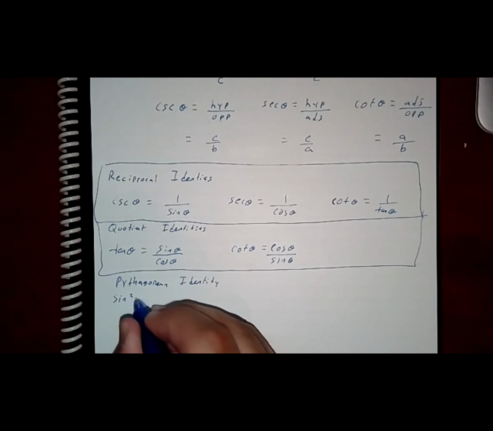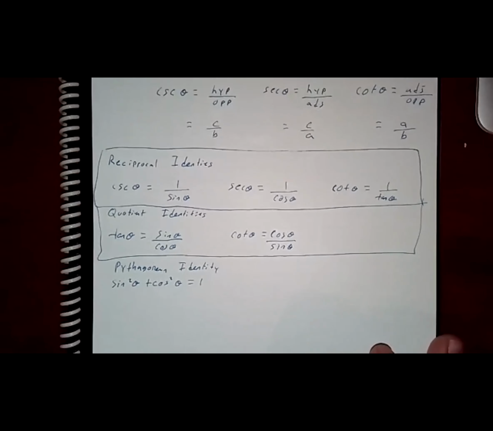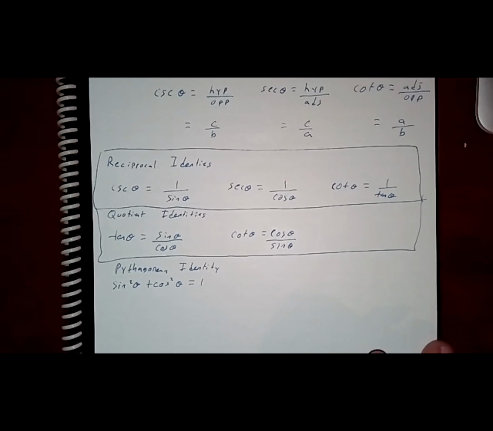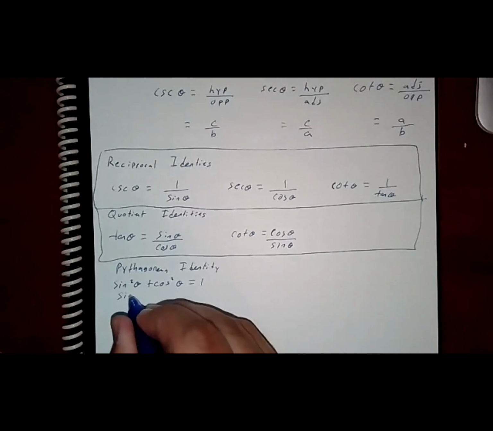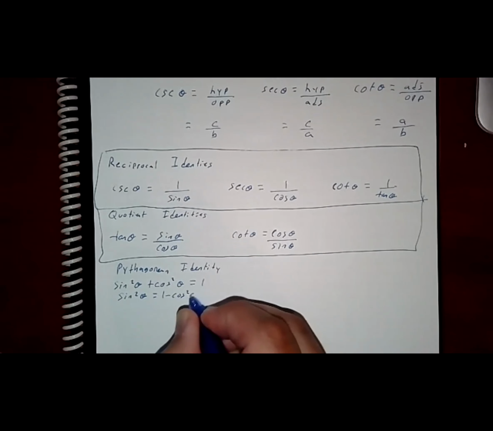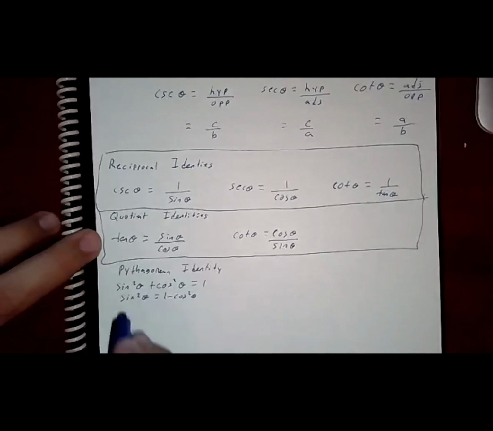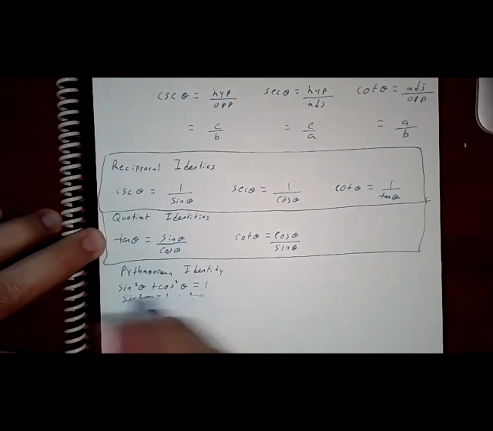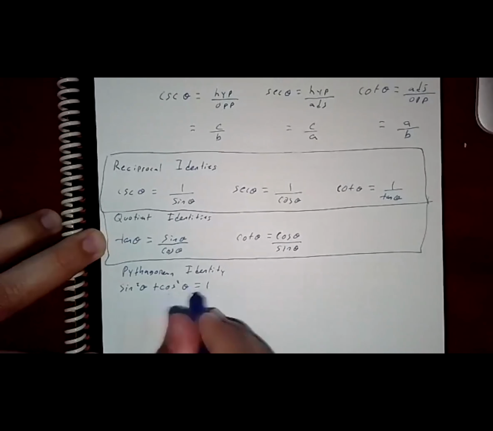So sine squared theta plus cosine squared theta is equal to 1. This one creates 8 more just by using some algebra. Notice how I can subtract cosine over and create another one.